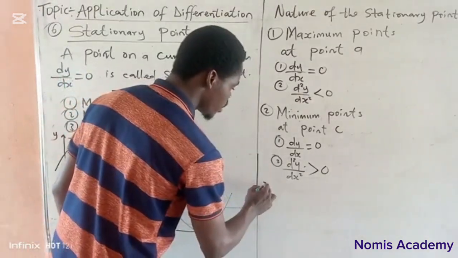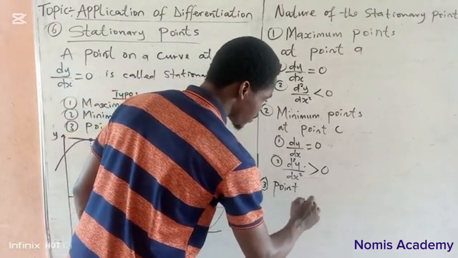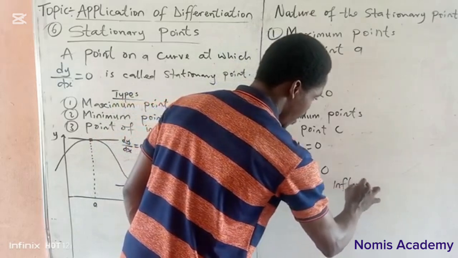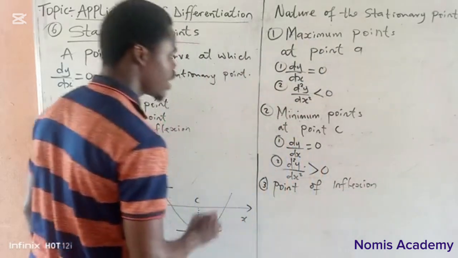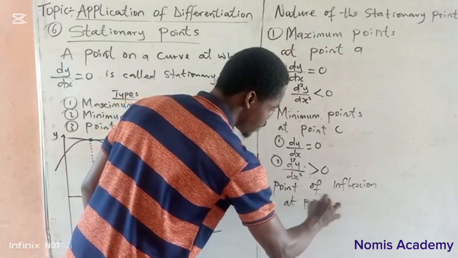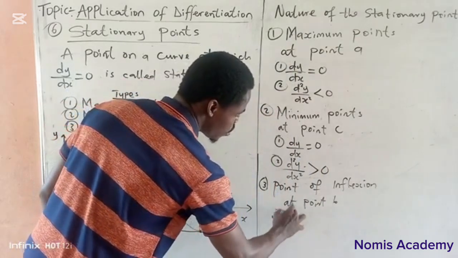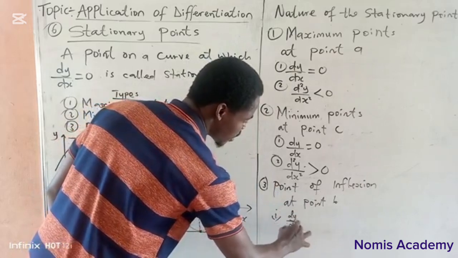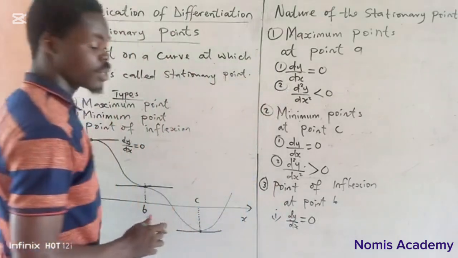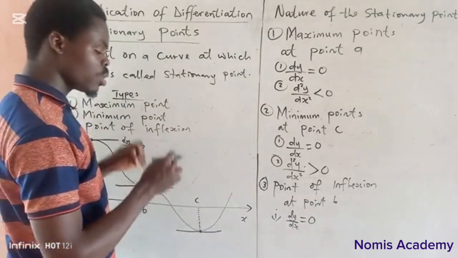Then the next one, number 3, which is the point of inflection. The first condition at point B is that dy/dx is equal to 0.